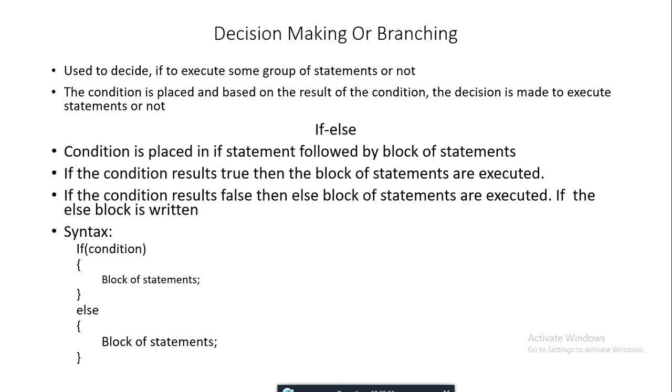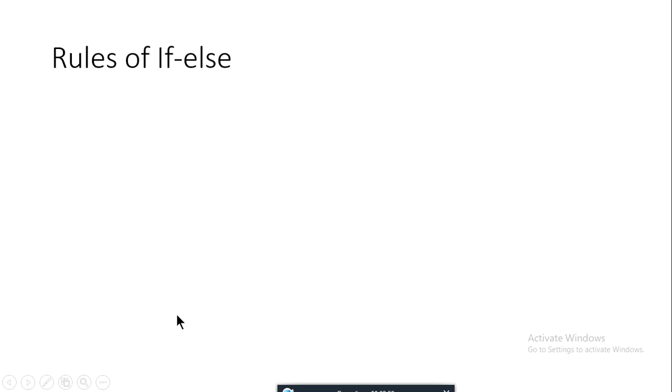That is, syntax are the rules which are to be followed to implement in programming. So you will have an if keyword, and the condition is placed inside these round brackets, followed by the block of statements, and then if you want to place else, you will place else immediately after the end of the block of if statements.